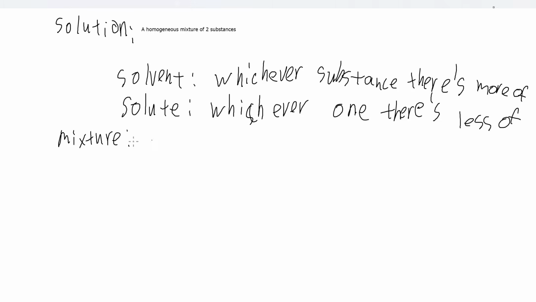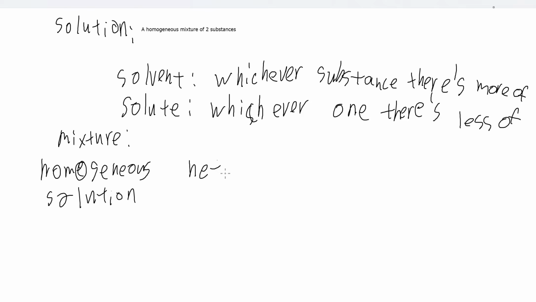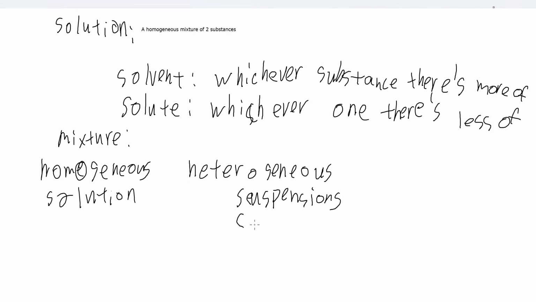You can have a homogeneous mixture. This is your solution, right? And you can have a heterogeneous mixture. And these are your suspensions and your colloids, and basically everything else but a solution.